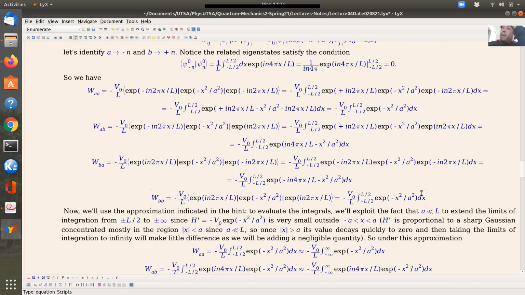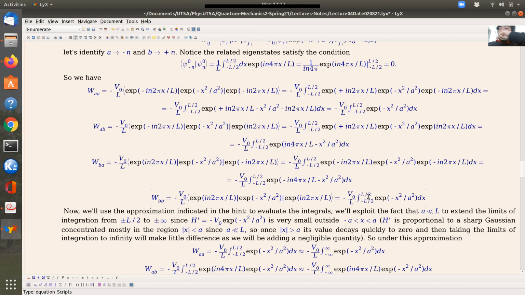Nevertheless, it's very clear why they gave you this other hint: the Gaussian is outside the domain, absolute value of x less than or equal to a. So I just take the integrals over plus minus infinity anyway. This is equivalent to saying that a Gaussian has most of its probability very concentrated within some standard deviations.